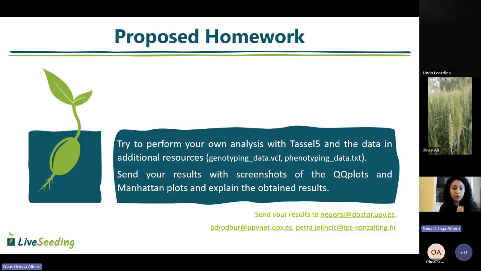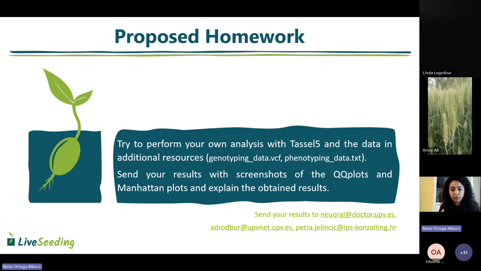The proposed homework is that you take the VCF, which is the genotyping data, and the phenotypic data.txt. You take those two files and try to perform your own analysis with Tassel.